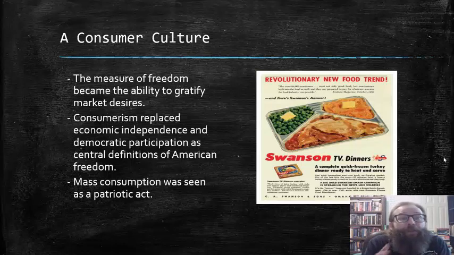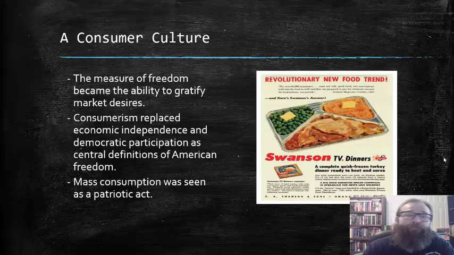In this period, the measure of freedom itself became the ability to gratify these market desires, and consumerism replaced economic independence and democratic participation as central definitions of American freedom. More and more, mass consumption itself was seen as a patriotic act.